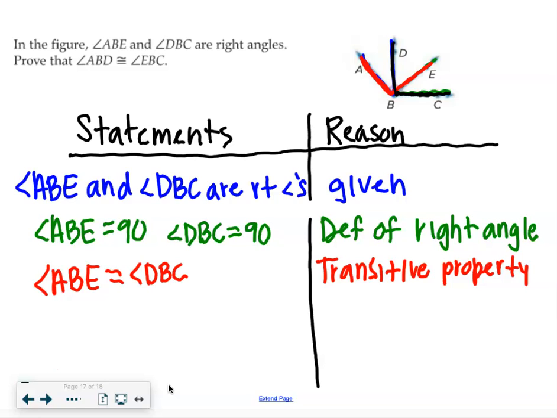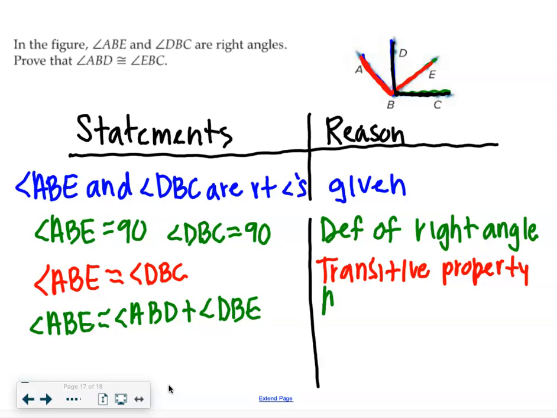ABD and DBE. Alright, so we're gonna write angle ABE equals angle ABD plus angle DBE. What is that called? Definition of angle addition. Nailed it.